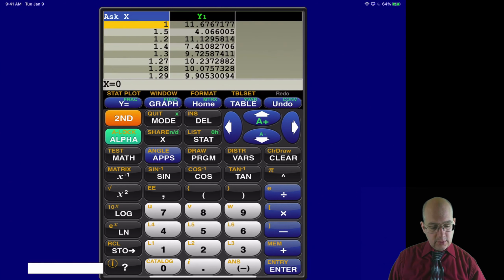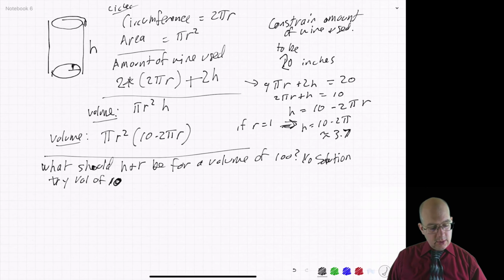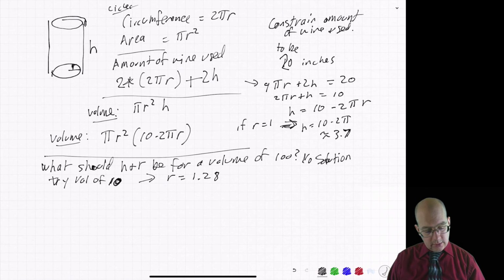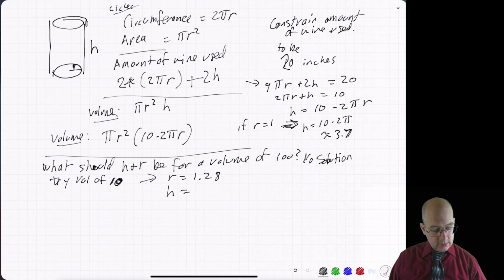All right, and so that's somewhere like 1.28. So that was R. That leads to an R equals 1.28, and so H is equal to 10 minus that, so 10 minus 2 pi x.